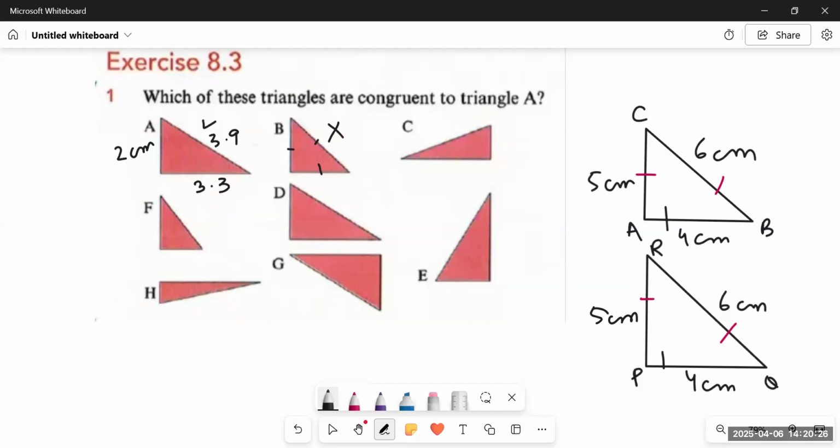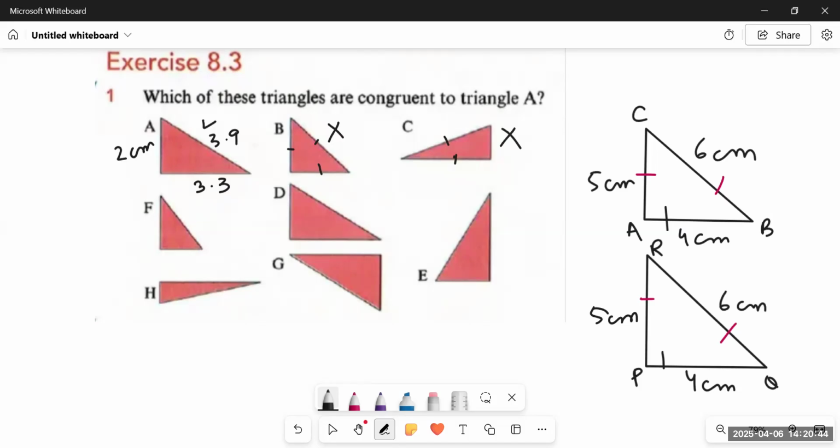But if we talk about triangle C, we can see that these two sides seem to be quite similar to those of triangle A, but the third side doesn't seem to be. So again, this one is not congruent to triangle A. Okay.